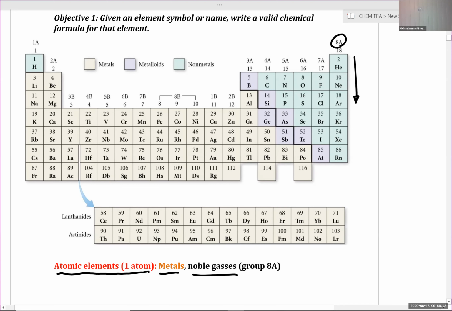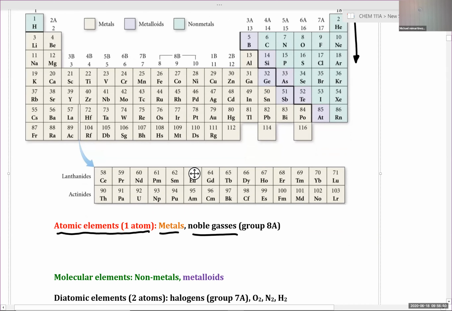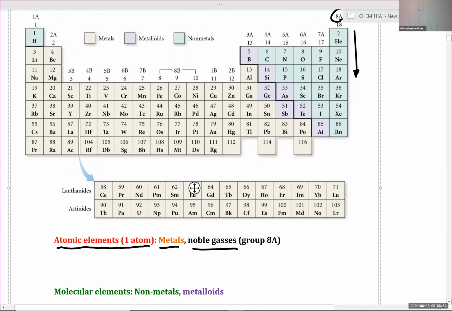So would someone like to give me an example of a metal? What's an example of a metal if we were trying to write the formula? Let's just get an example of a metal in the chat. Sure, iron. So iron would be written as Fe solid, where we only have one atom in the chemical formula for this pure element.